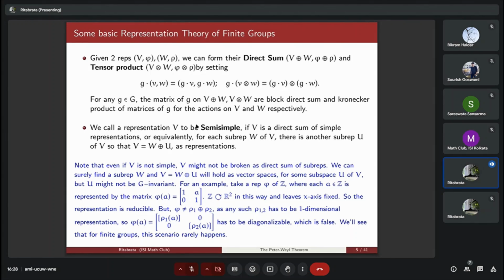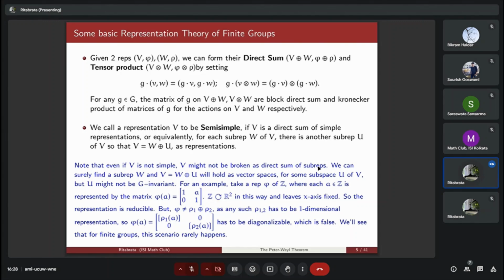Since the action of a direct sum is slot-wise and the matrix becomes a block direct sum, our phi(a) should be equal to rho_1(a) direct sum rho_2(a). Rho_1 and rho_2 are the one-dimensional representations we are trying to find. But this immediately implies that phi(a) has to be diagonalizable.